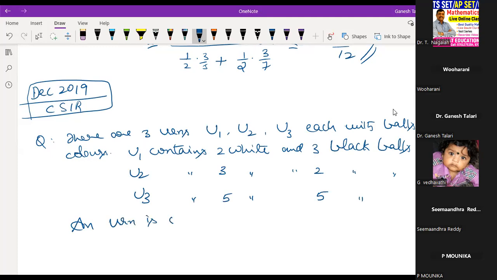An urn is chosen at random, and a ball is drawn from that urn.